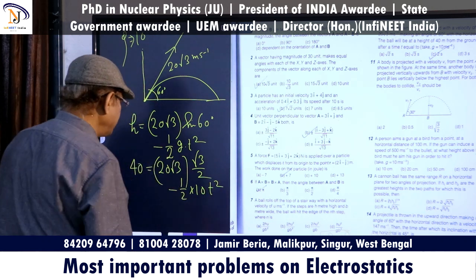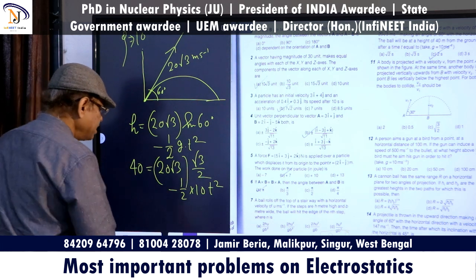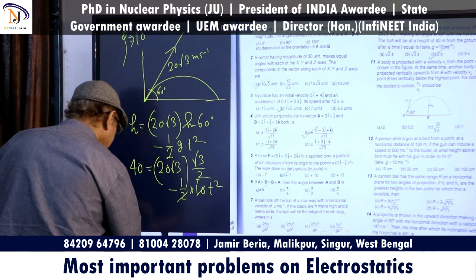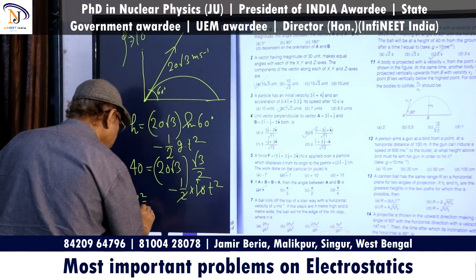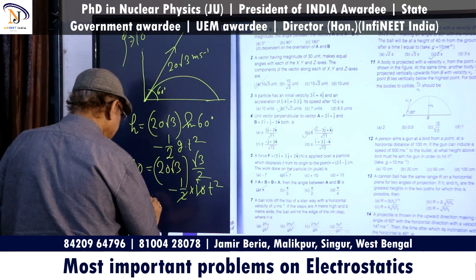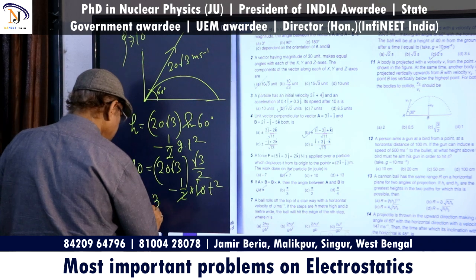What you need to find? You have to find time. Very easy. Just it will be 5, right? 5 T square equals to 20, that is 10, root 3 into root 3, 30.